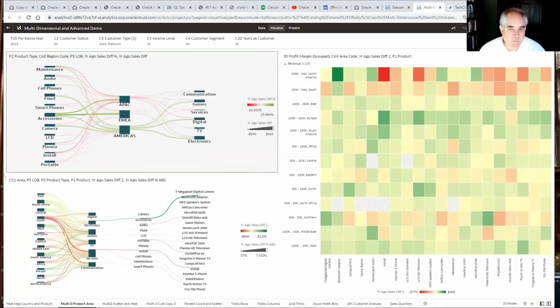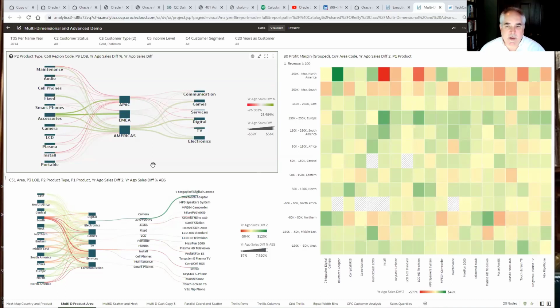So when we have these multidimensional views, a lot of times we want to think carefully about what are the relationships between the data elements and the dimensions. And so here we're looking at, this is fundamentally what's selling where and how are those products organized.